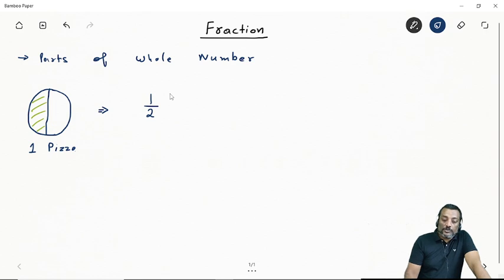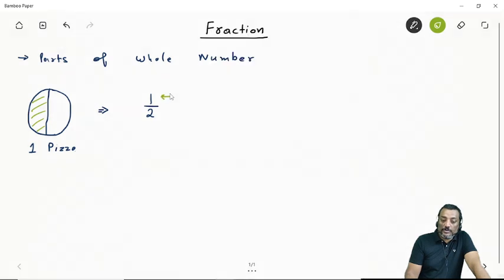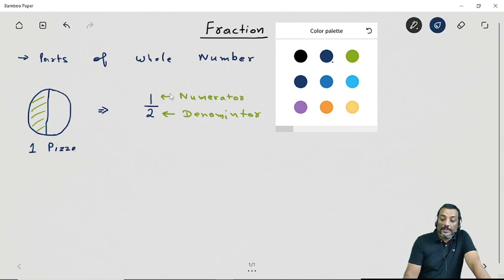Okay, so the top one we call the numerator. Every fraction has two parts. Every fraction in this world has two parts. The upper one is called the numerator. Okay, and the bottom one is called the denominator. So what do we mean by numerator and what do we mean by denominator?